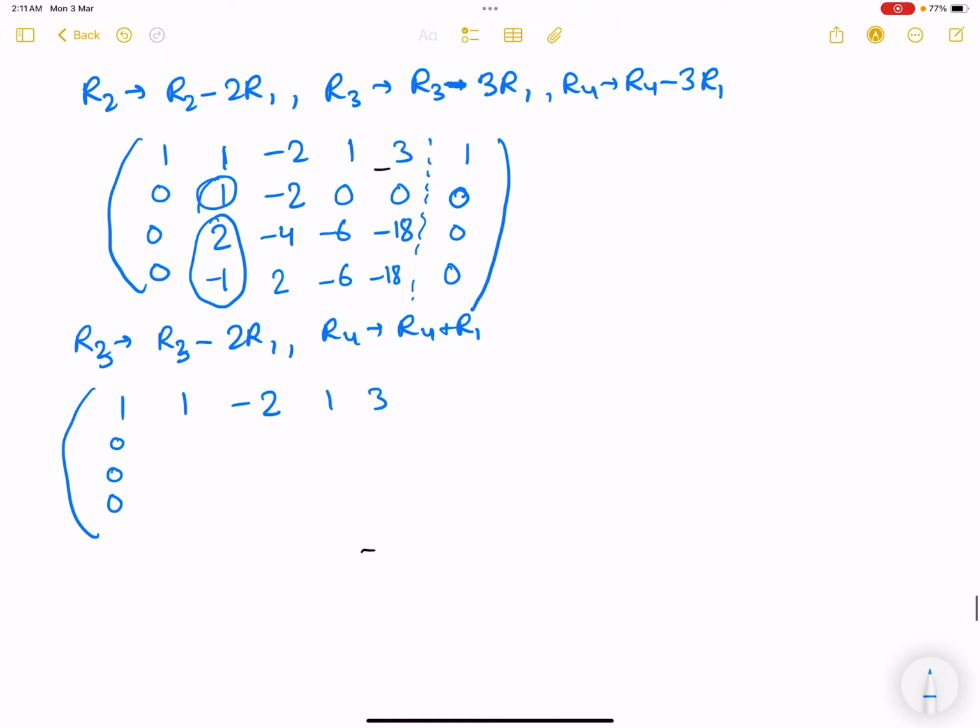So the first row won't change and the right hand side here also won't change because it consists of 0 only. 1 minus 2 0 0 0 minus 4 plus 2 0 minus 6 minus 2 minus 8 minus 18 plus 3 minus 15, 0 0, minus 5. Okay, I'm not sure, this is minus 15.